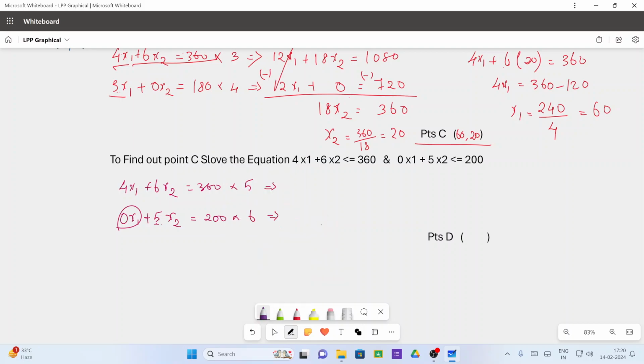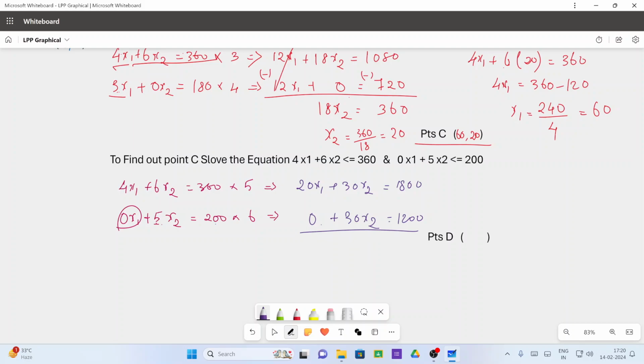When you multiply this with 5, it is 20x1 plus 30x2, which equals 1800. And the second equation you have to multiply with 6, so this is going to be 0 and 30x2 equals 200 into 6, which is 1200.